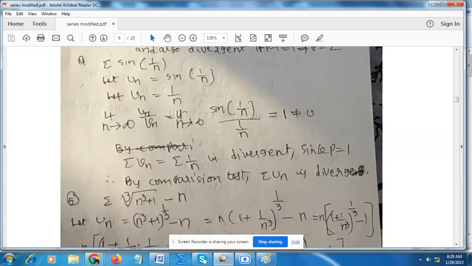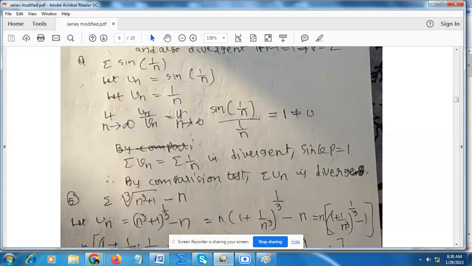So that is, when you consider 1 by n as theta, sine theta by theta as theta tends to 0, which is 1.